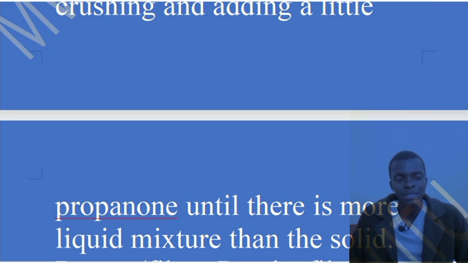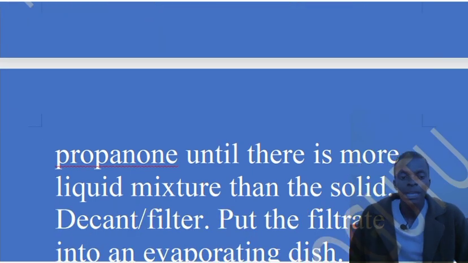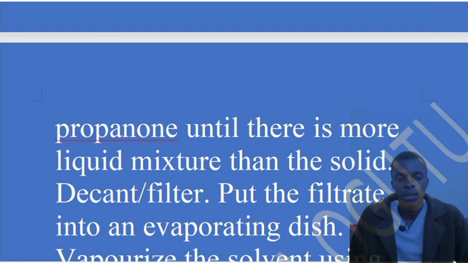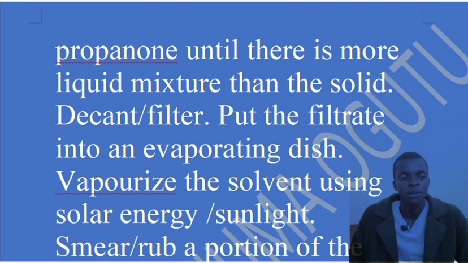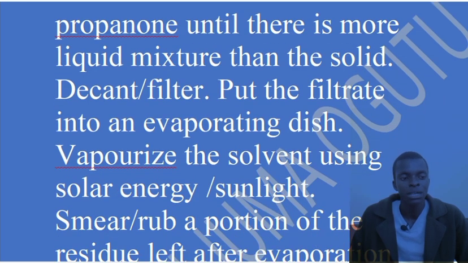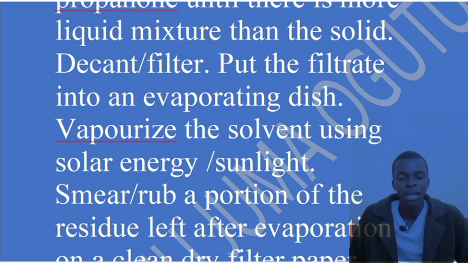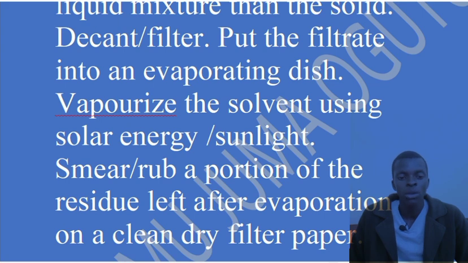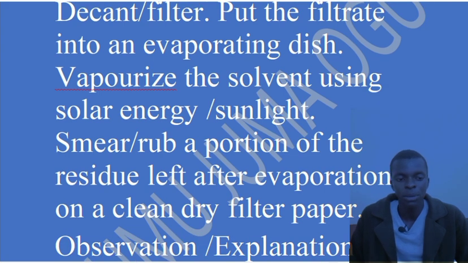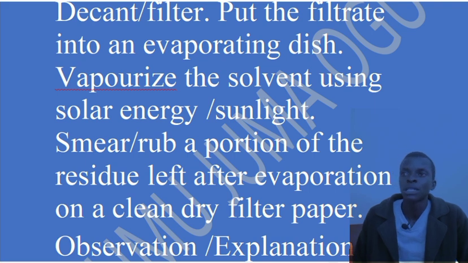In sunlight or solar energy, propanol evaporates, leaving oil and fat. That means that the oil and fat have a higher boiling point. Any seed like corn, wheat, rice, or soya beans may be used instead of macadamia seed. When oil and fat is rubbed or smeared on a paper, it becomes translucent.